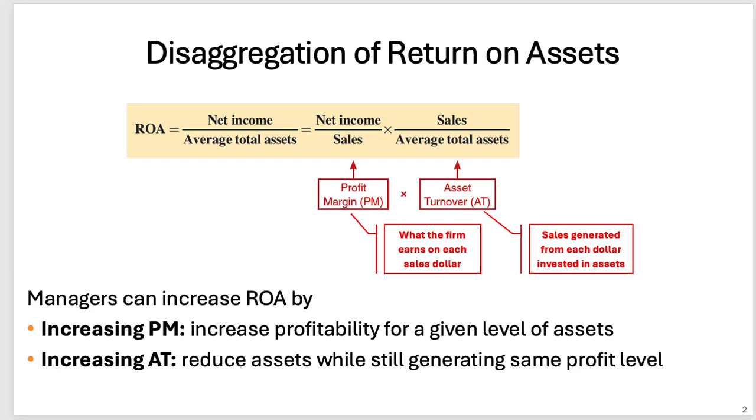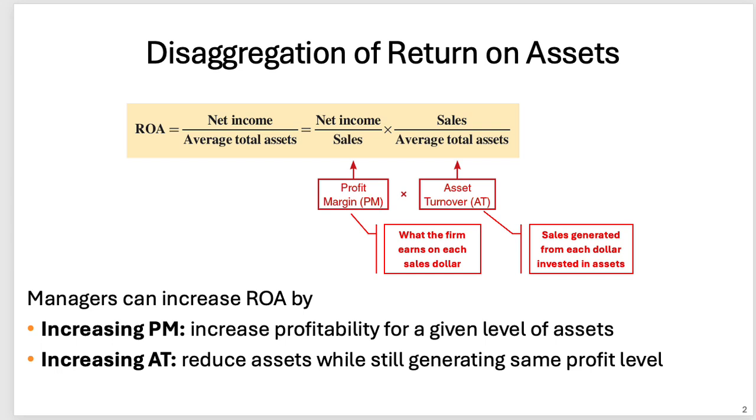While the mathematical fractions to figure those two things out, net income divided by sales and sales divided by average total assets respectively, should be reviewed for us by now, really what we are saying is that operational managers actually can have a hand in increasing return on assets for the enterprise, either by increasing profitability for a given level of assets or by reducing that level of assets while still generating the same profit level.